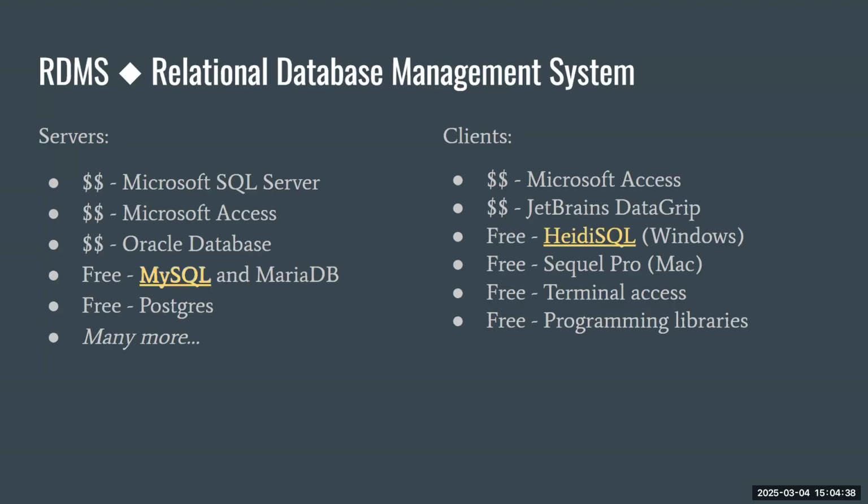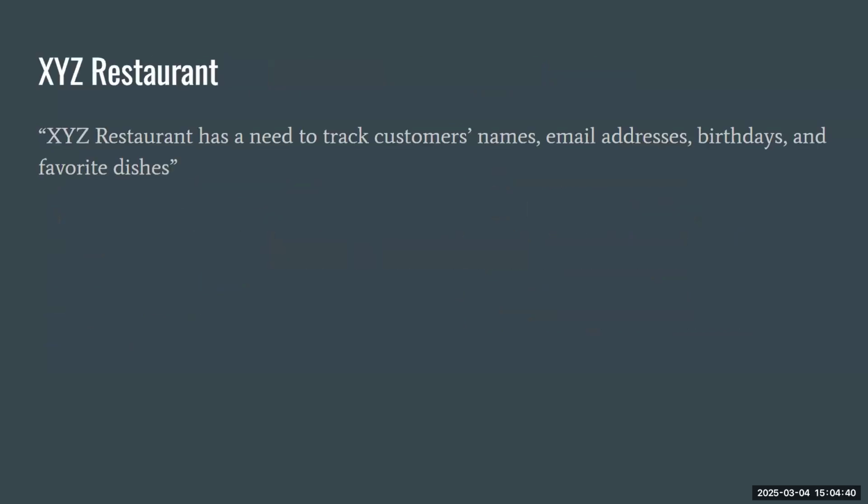All right, and then we built a relational database. So we started off our talk in October by dreaming up a use case for a relational database. And we ended up having a restaurant, and the restaurant had one requirement to start with.